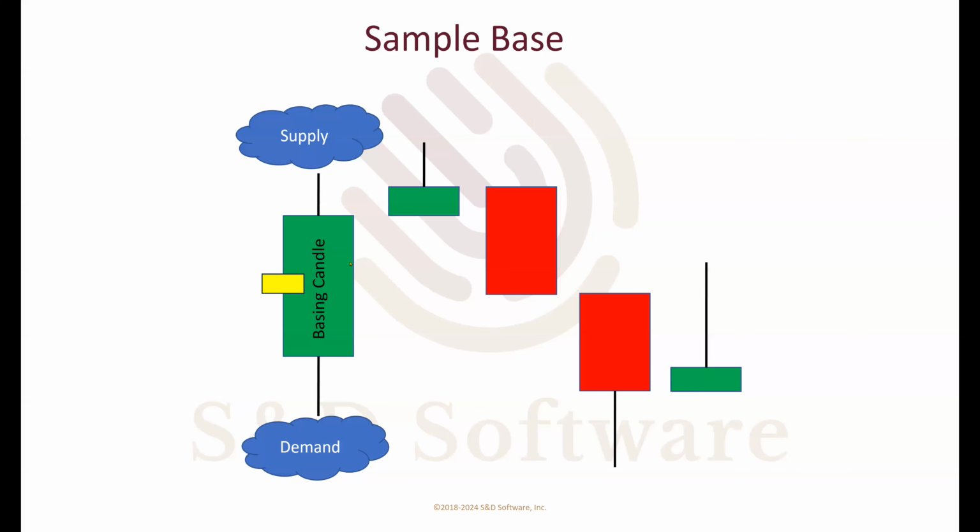Now, the tool will mark the basing candle with a yellow tick mark if you have that enabled. By default, the tool will mark basing candles that are not nested inside of another active base.